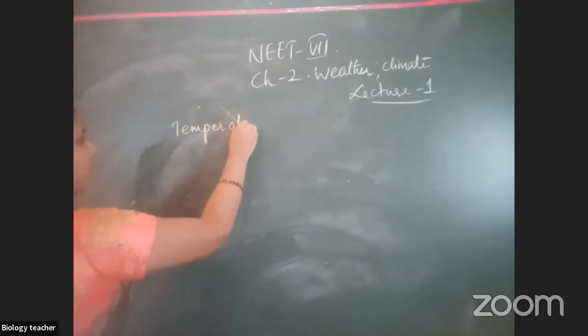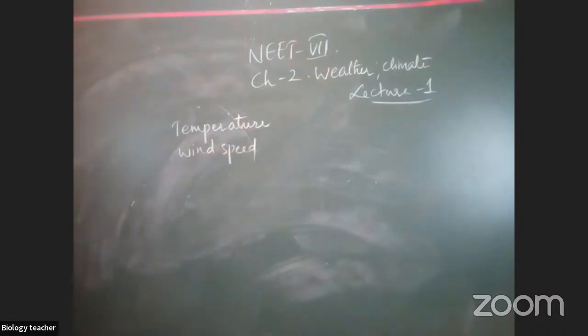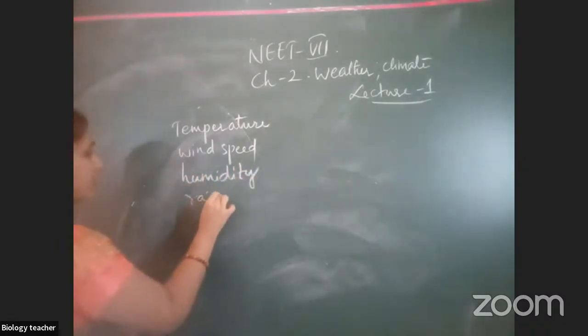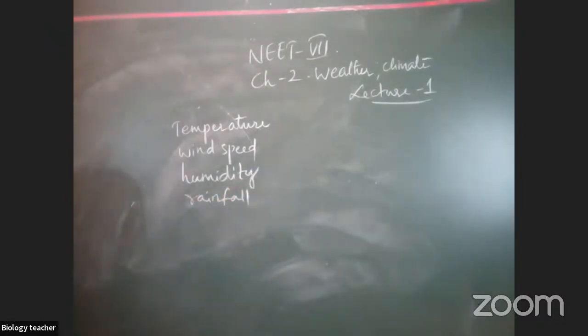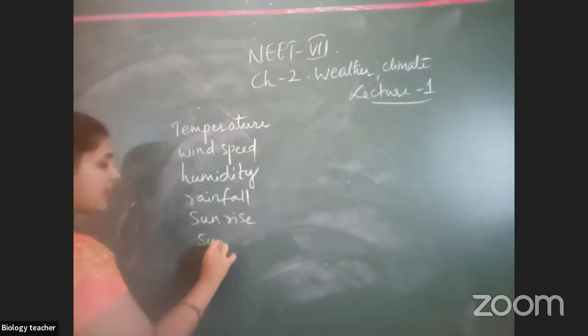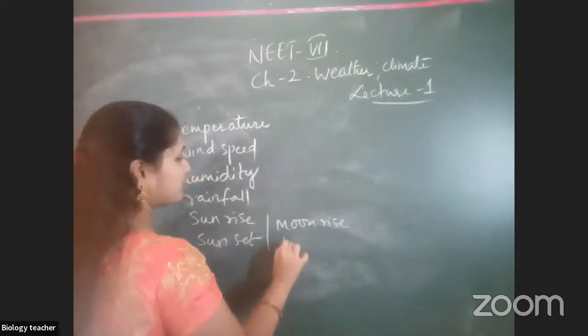So what we have is the temperature, wind speed, humidity, rainfall, sunrise, sunset, and next moonrise, moonset.